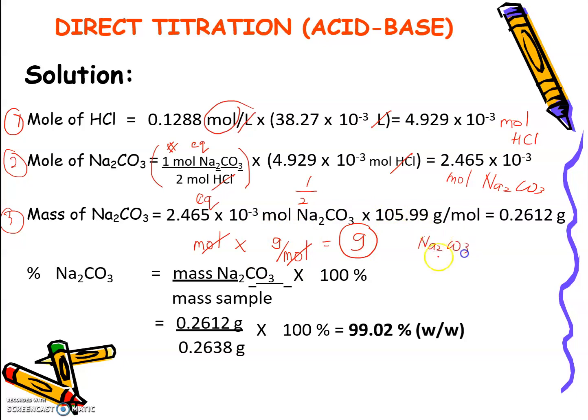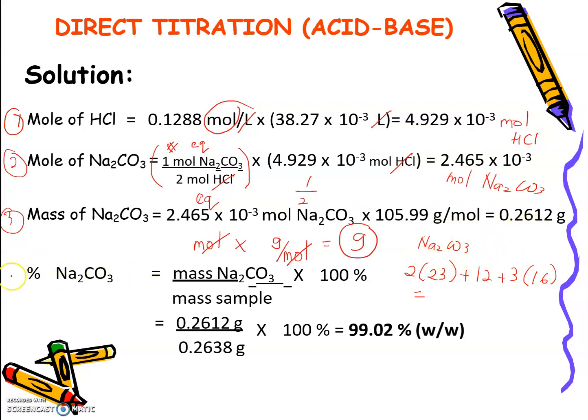Okay, so 2 times atomic weight for sodium 23, plus carbon 12, plus oxygen times 3, 16. Okay, so you can find here 105.99 gram per mole for the molecular weight of sodium carbonate. So you can find mass.